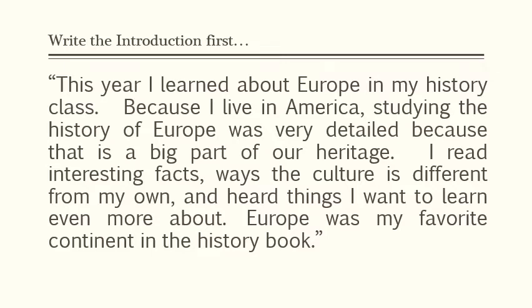Each one of the items in my list is going to be discussed in detail in one of my 3 middle paragraphs. So that means I will have a paragraph on interesting facts. I will have a paragraph on ways the culture is different. And I will have a paragraph on things I want to learn more about. This is the hi, nice to meet you. This is what we're about to do.